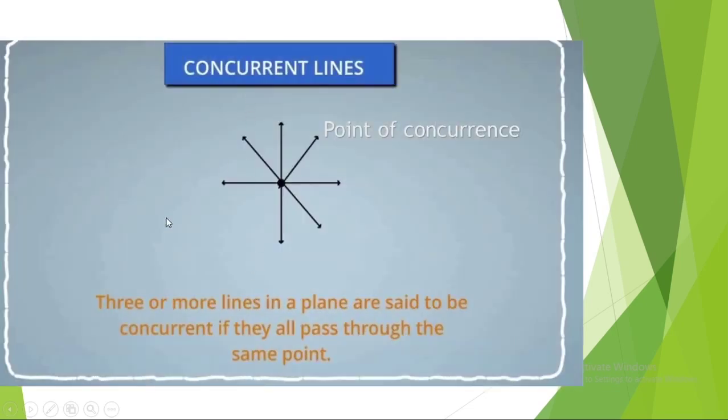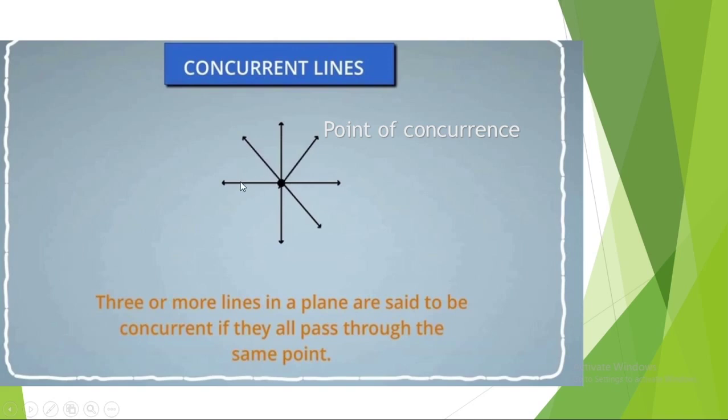Concurrent lines. Three or more lines in a plane are said to be concurrent if they all pass through the same point. Here the minimum number of lines should be 3. Look here: 1, 2, 3. We are having 3 lines which are passing through the same point.